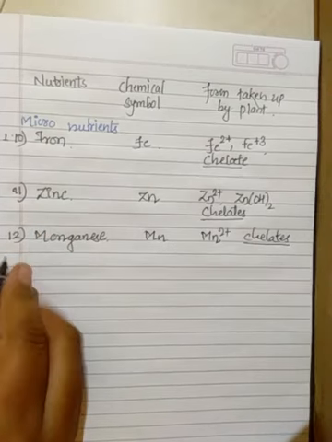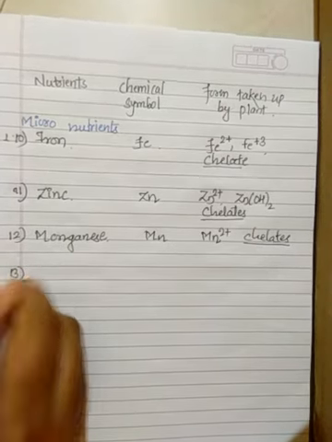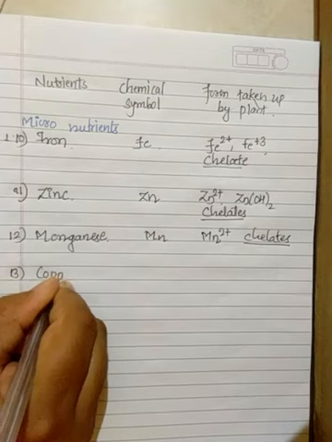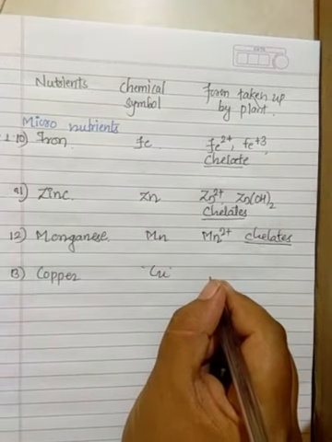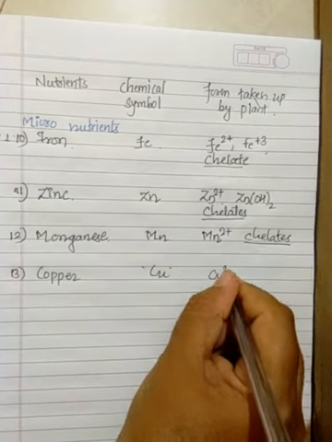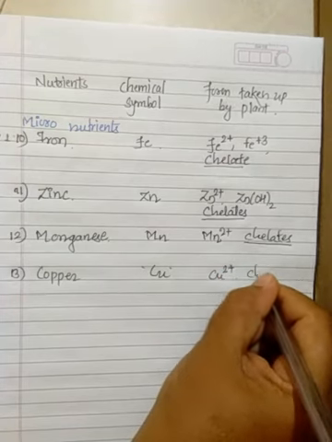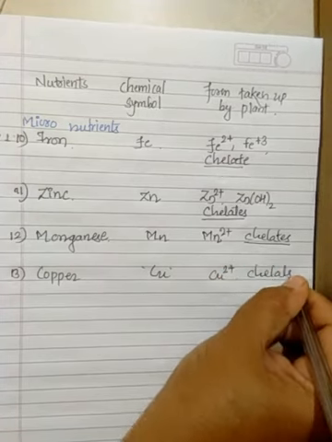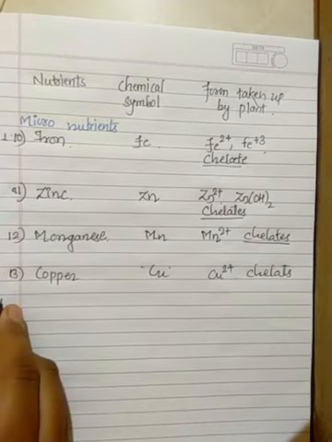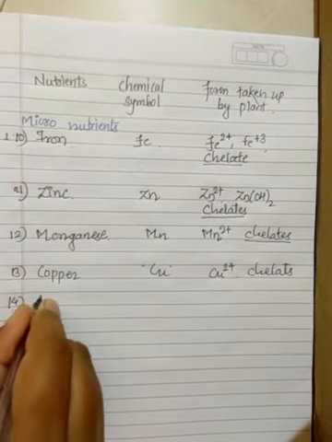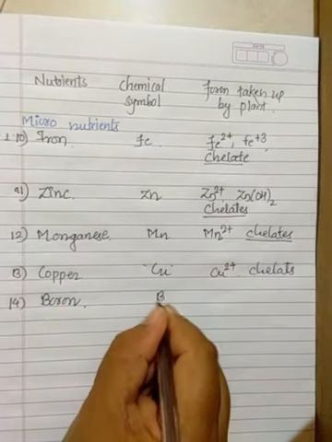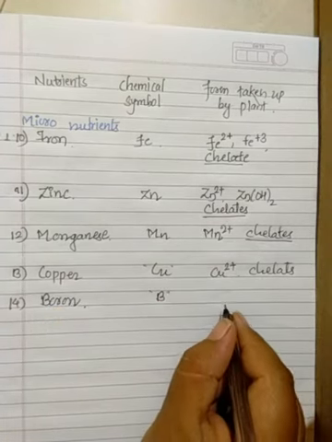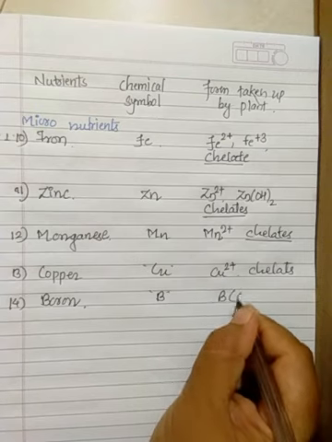Next, copper, Cu, required plant form Cu plus 2 as well as chelates. Next, boron. Okay, again symbol for that B, requires boron hydroxide.